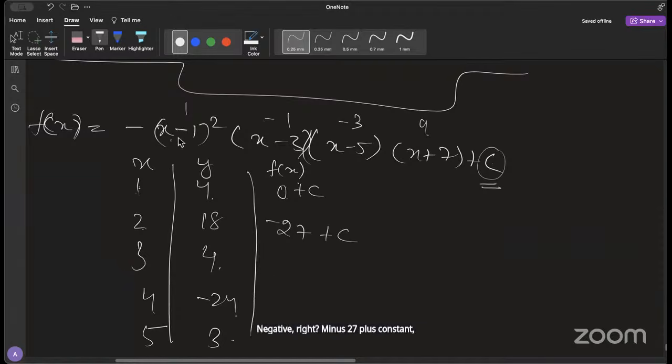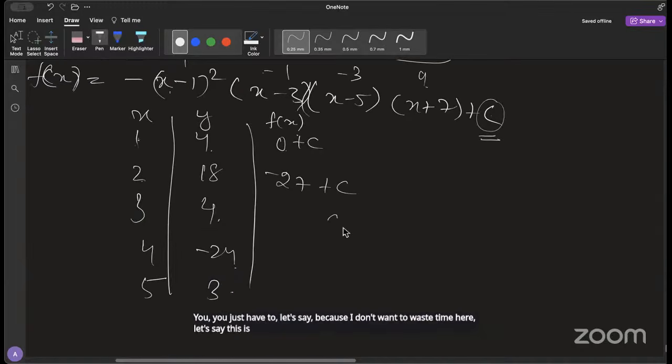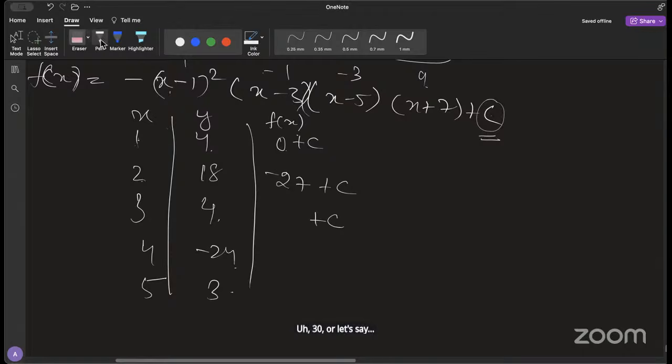Then at 3, x minus 3 is 0, so this is 0.